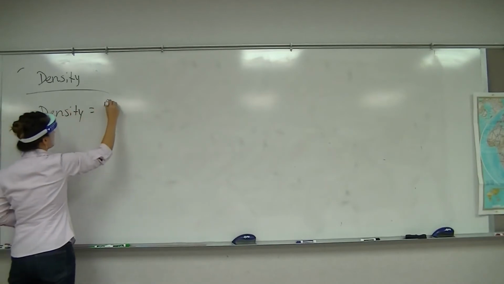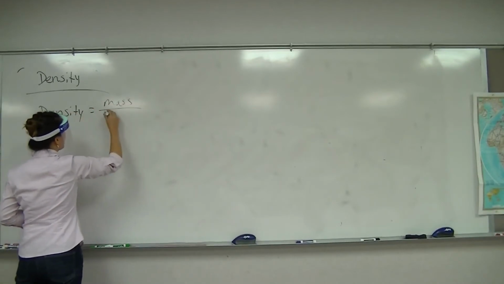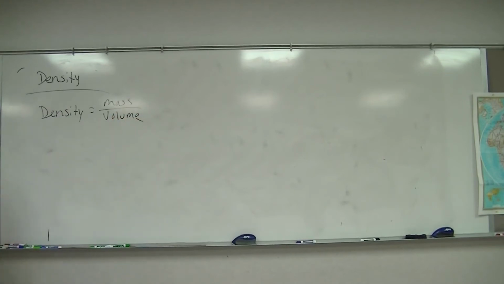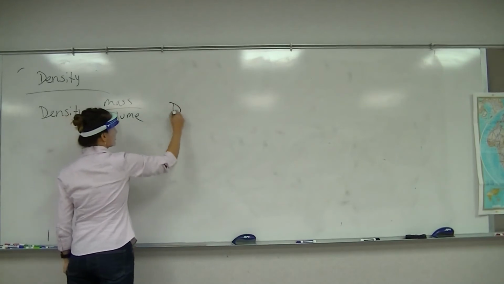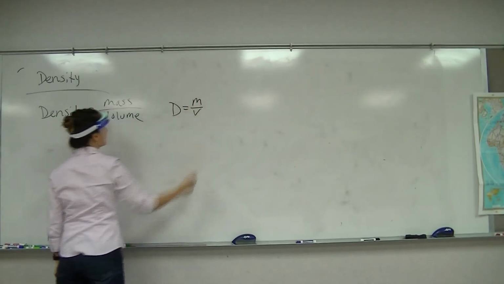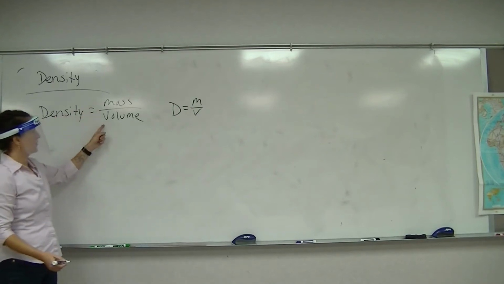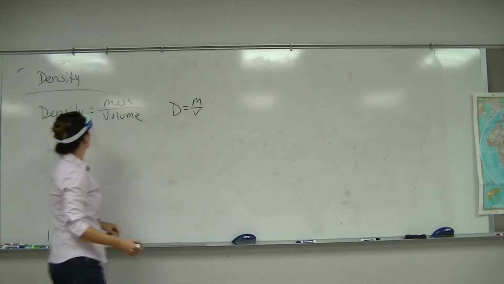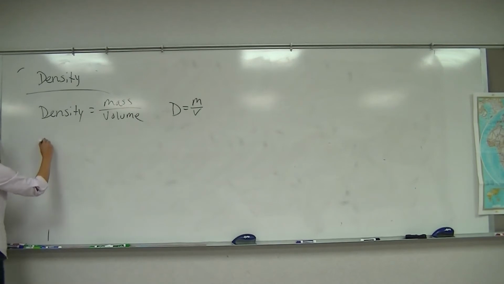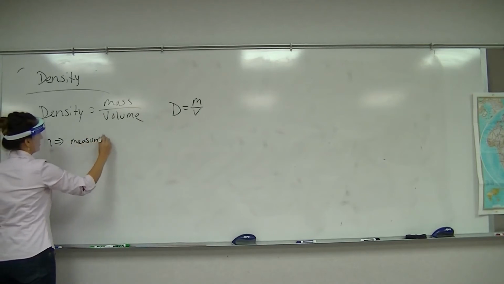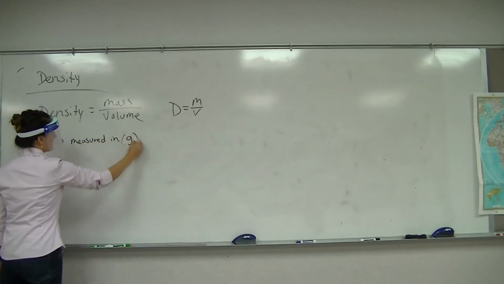Density, we have an equation for that as well. It's going to be mass over volume. So often represented just D equals M over V. So those are the variables that we use to represent density, mass, and volume, D, M, and V. Now for the mass, in this course, it's going to be measured in grams. So that's the units on it.